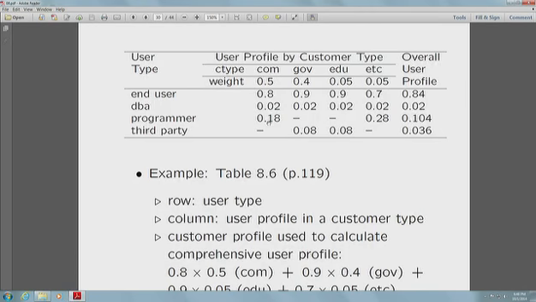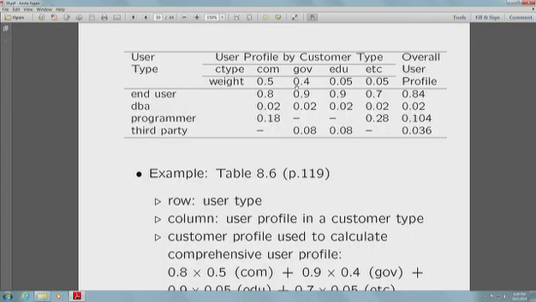For companies, we end up with this profile: 80% of them are end users, or 80% of the usage is generated by end users, DBAs are 2%, and programmers are 12%, something like that. Then you can look at other customer types too.